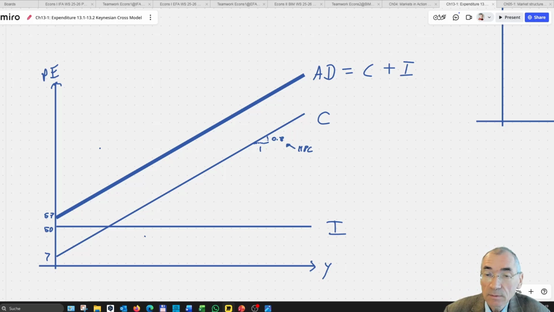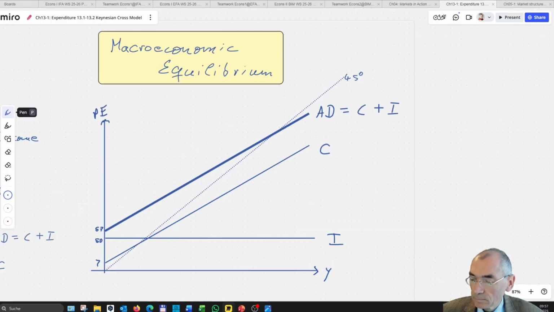We discussed that the question is, how do we find which income represents the equilibrium? Equilibrium in the sense that the exact same amount is produced and consumed. And we said, okay, an equilibrium is on a 45-degree line. So if we add a 45-degree line to this diagram, we find the point of equilibrium.